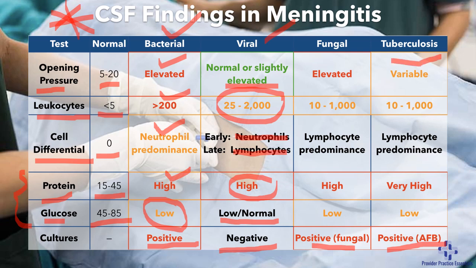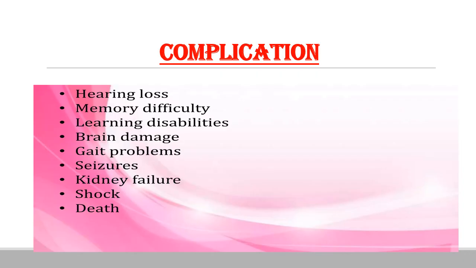In tubercular meningitis, one thing you have to remember is that the CSF has a cobweb appearance. Cobweb appearance of CSF indicates tubercular meningitis. It is important. Next we can see the complications of meningitis.